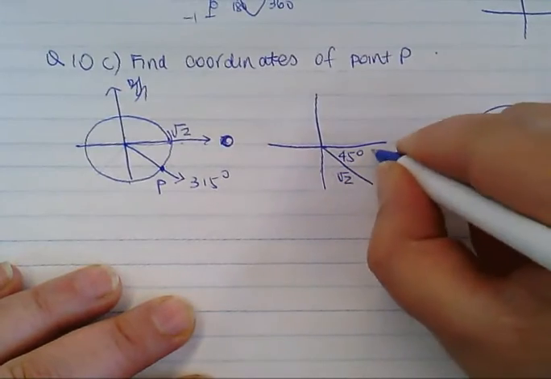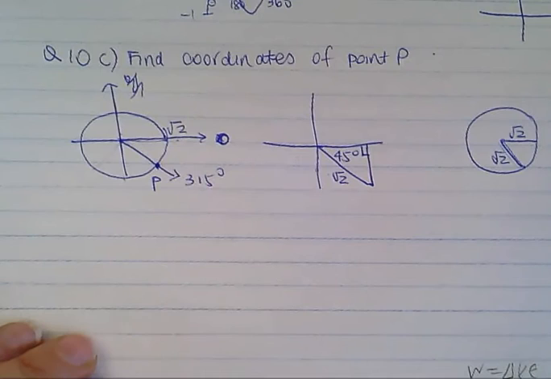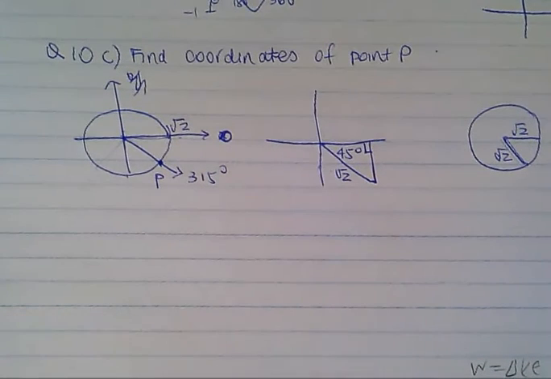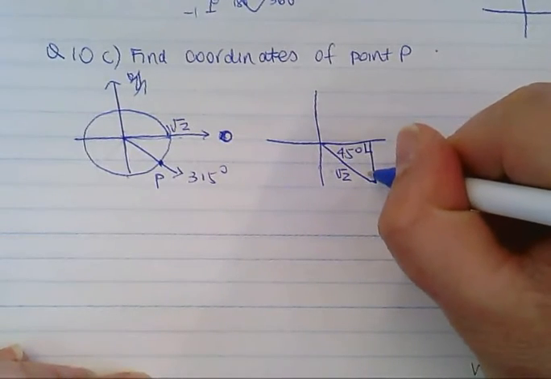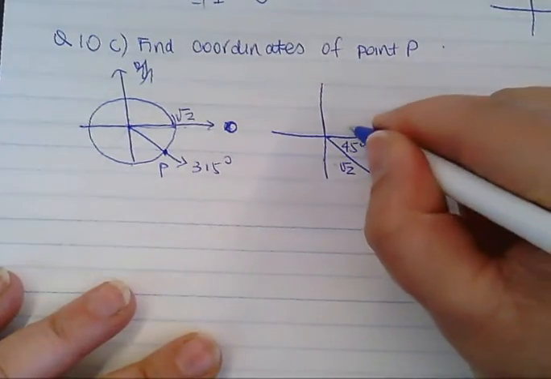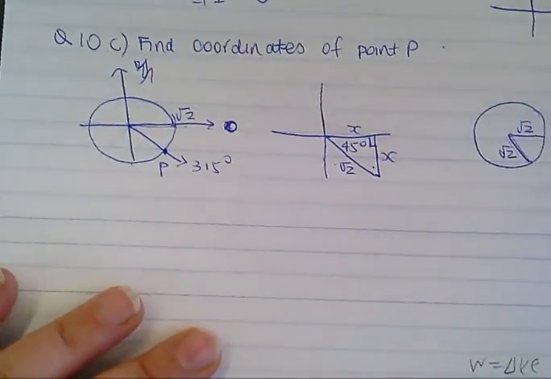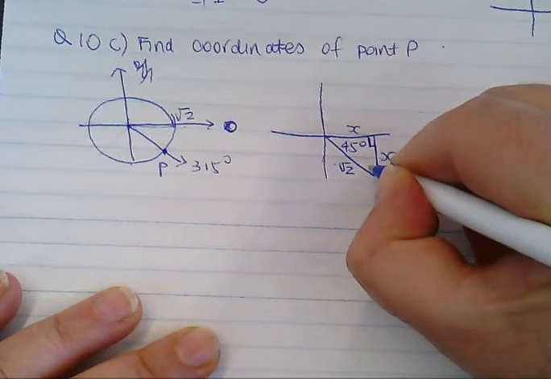Now, I'm going to draw up a right angle triangle because that's what we're going to have to do. Does anyone know the answer already? If I've got 45 here, don't I have 45 here? What sort of triangle is this? Isosceles. So I'm going to call this X and I'm going to call this X. It's an isosceles triangle. I've got 45 here, so this has to be 45.